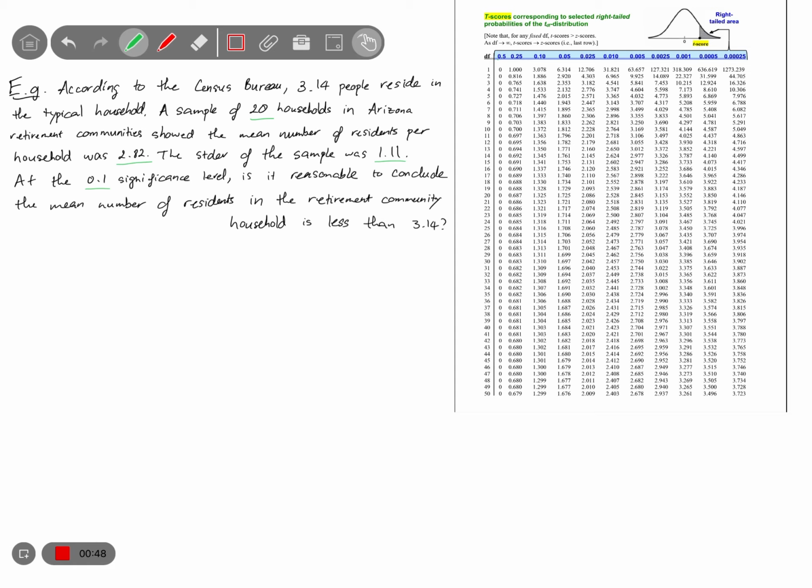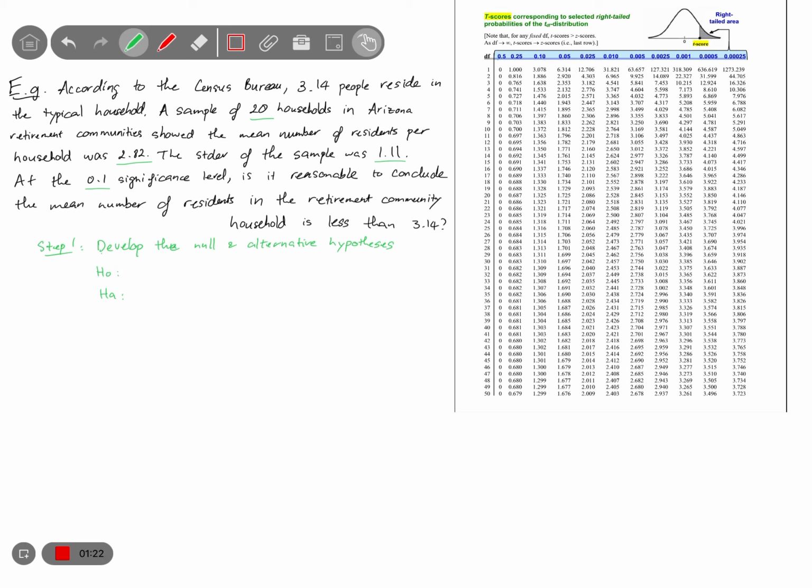Okay? So now in step one, what we want to do is develop the null and the alternative hypotheses, right? Remember again that the alternative hypothesis is whatever we want to show to be correct, whatever we support.